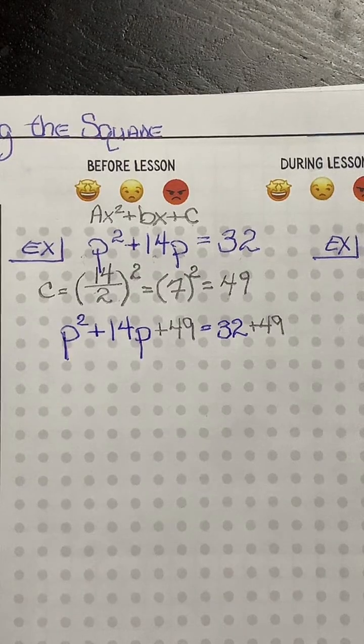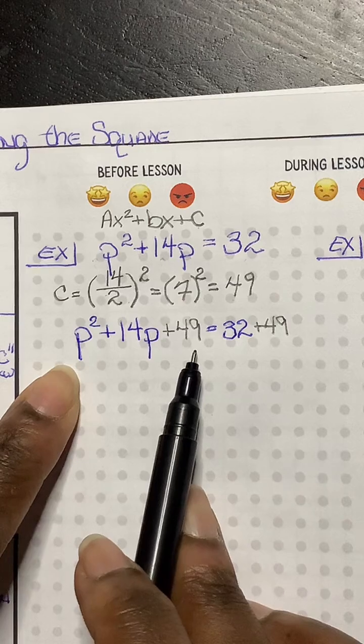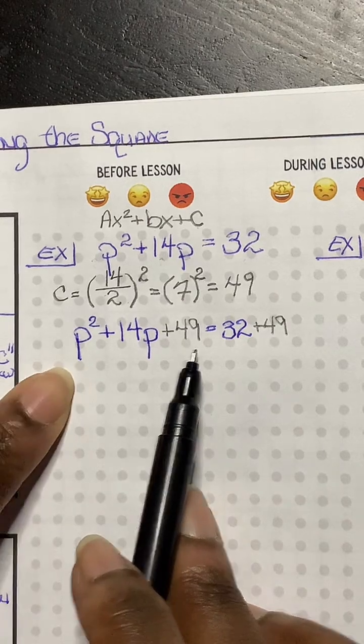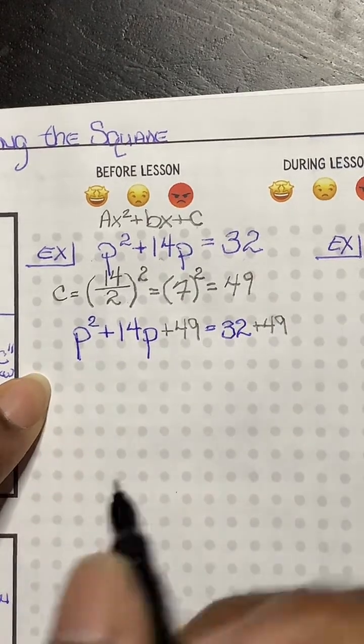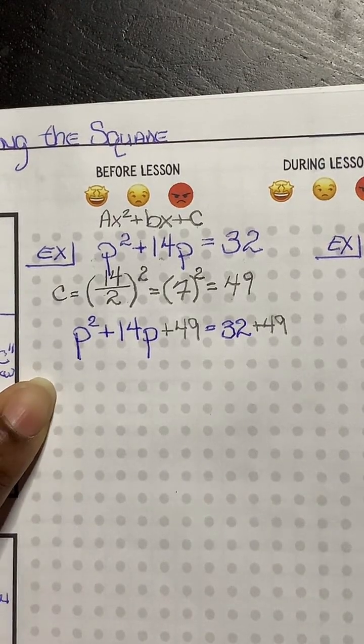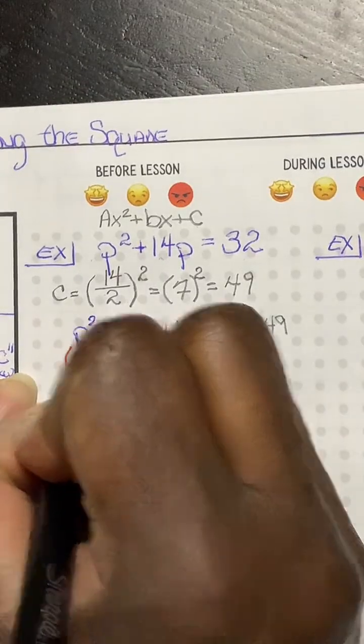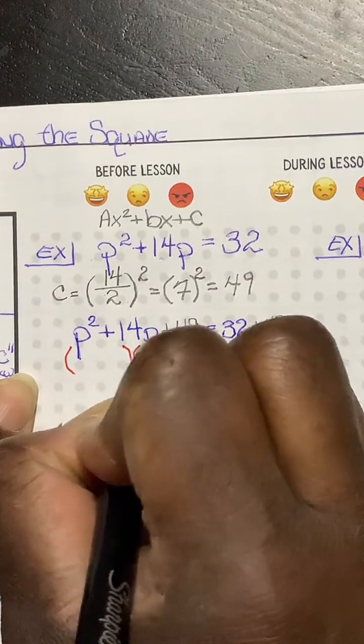So now, if you notice, on the left-hand side, we have a perfect trinomial, all right? I'm going to do it the long way a couple of times. When we factor this perfect trinomial, I'm going to have two parentheses.